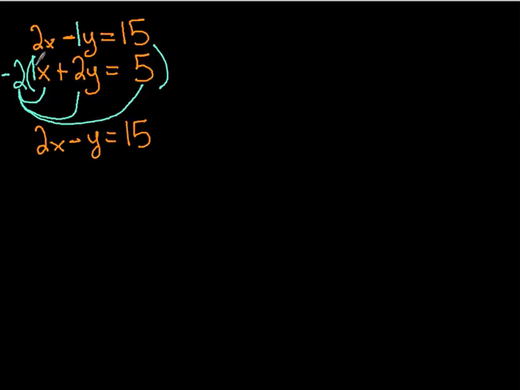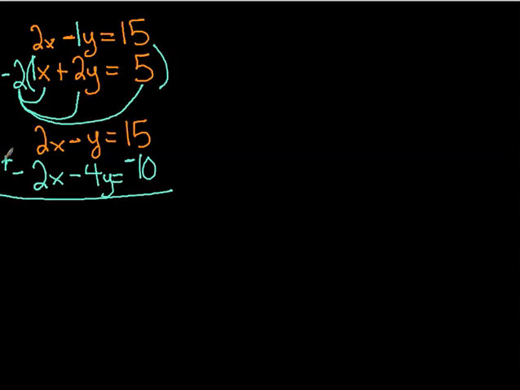So we have negative 2 times 1 comes out to negative 2x, because any time the signs are different, with a negative and a positive, the answer is going to be negative. So again, we have a negative 2 times a positive 2, which means it's going to come out to negative 4y, and it's all going to equal a negative times a positive, negative 2 times 5, which comes out to negative 10.